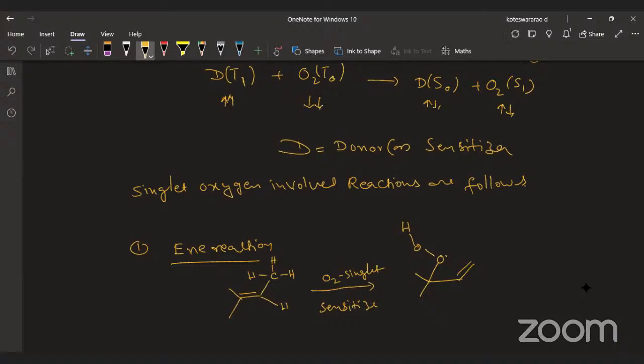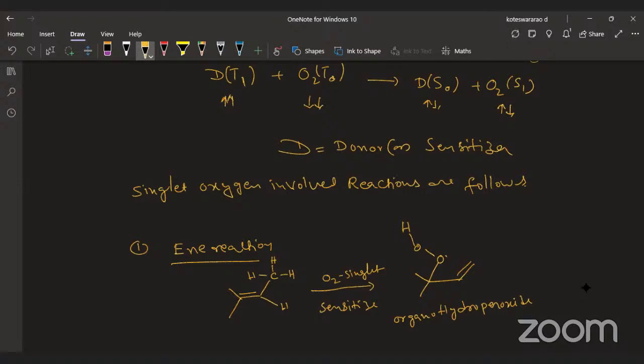The product is an alkyl hydroperoxide, or allylic hydroperoxide, is generated.